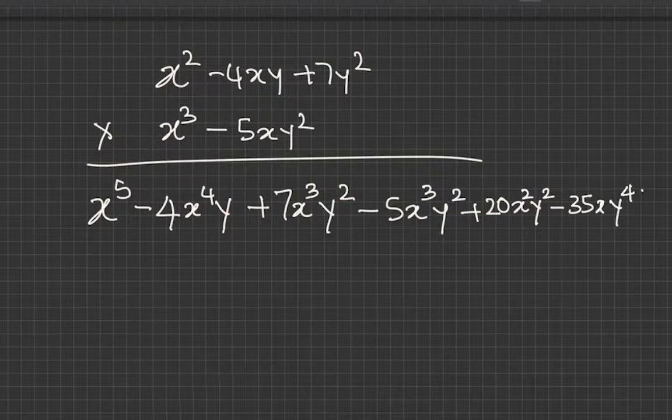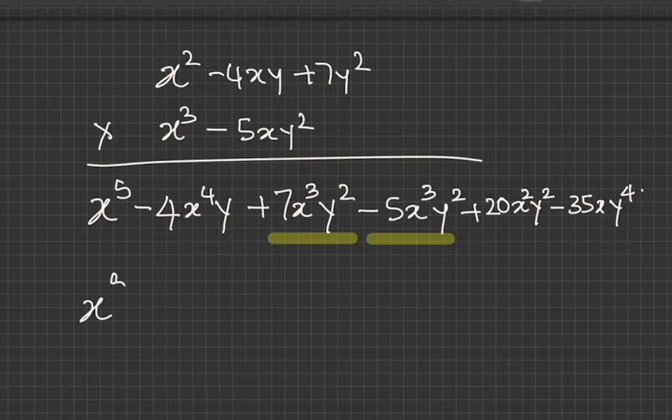Now I just want to check whether there are any like terms. I do have like terms here. I have these two like terms, 7 x to the power 3 y to the power 2, and then I have negative 5 x to the power 3 and y to the power 2. That's about it.